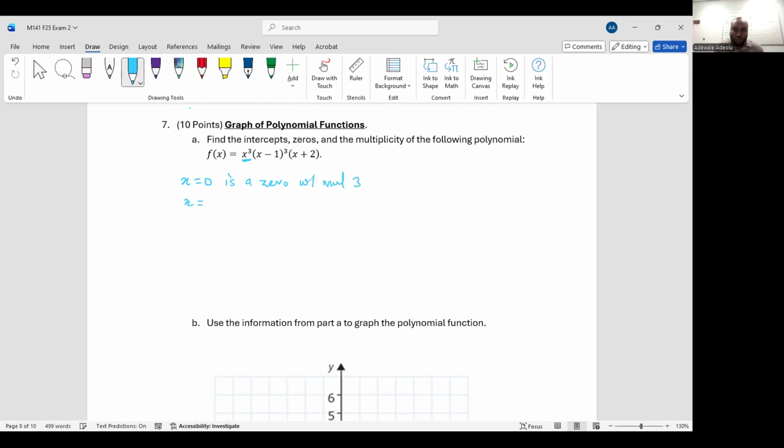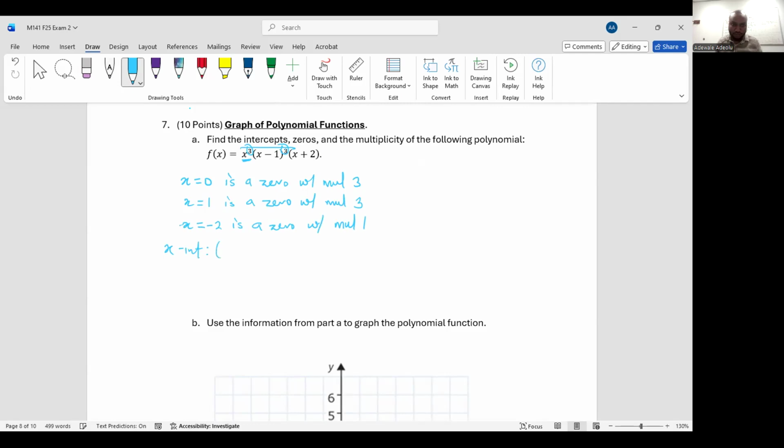X equals 1 is a zero with multiplicity of 3. And x equals negative 2 is a zero of that polynomial with multiplicity of 1. So the question is that we should find the intercepts. Well, x-intercepts quickly.